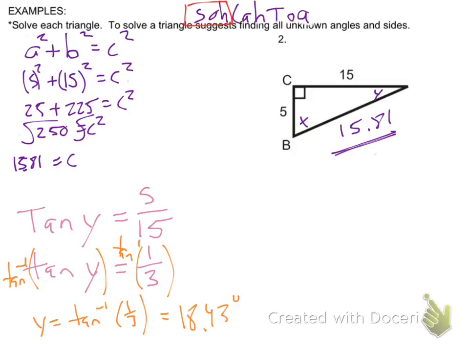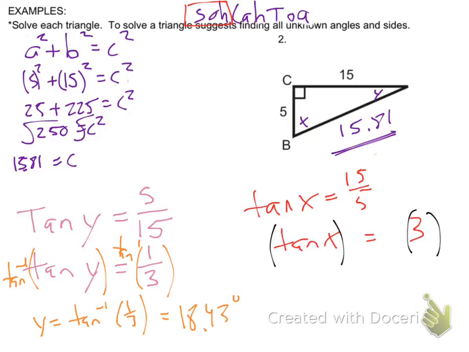So tangent of x is going to equal what? What's the opposite? 15 over 5. So tangent of x is equal to 3. And then I have to take what of both sides again? Inverse tangent. They cancel. And so x equals?